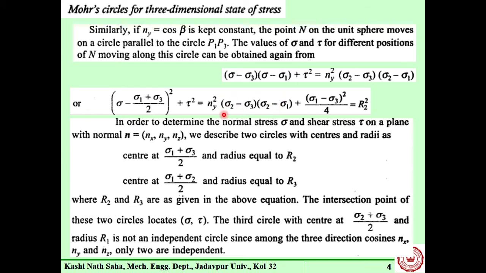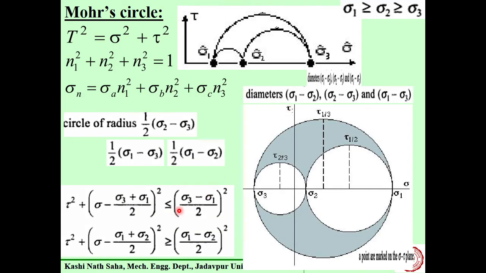Whatever the value of ny, we can assume from 0 to 1. We will get some values which are less than this, and that is equal to this R2 square. So what will happen in that case? This has to be less than or equal to, for the circle with maximum radius. That means for sigma 1, sigma 3 principal stress values, this is the maximum limit of the radius.